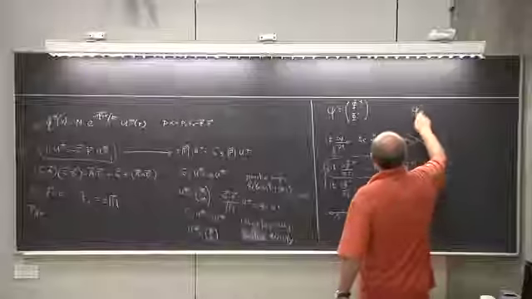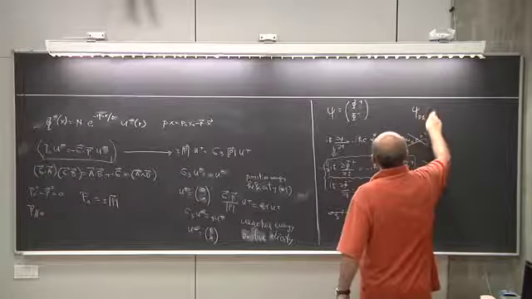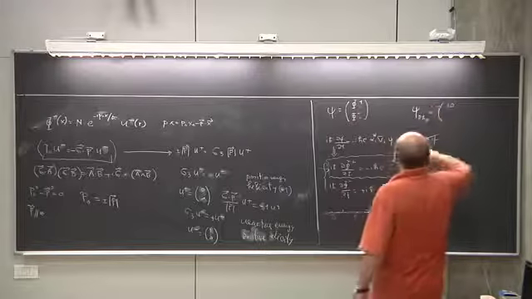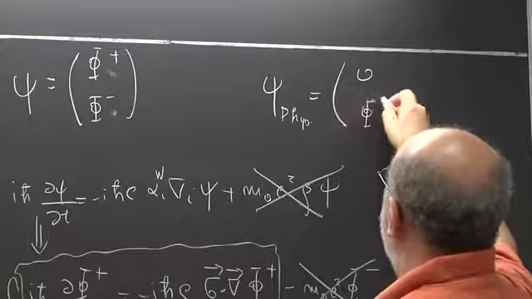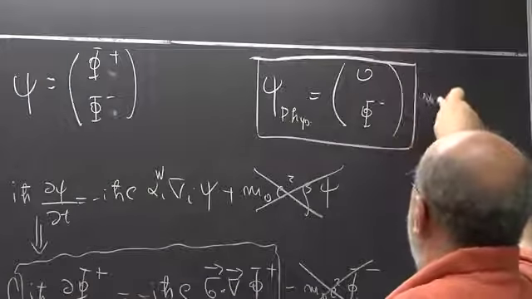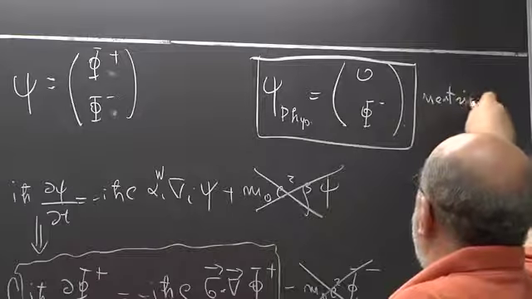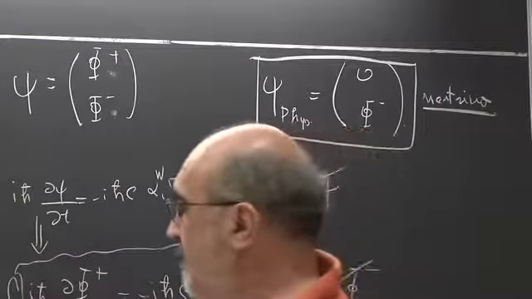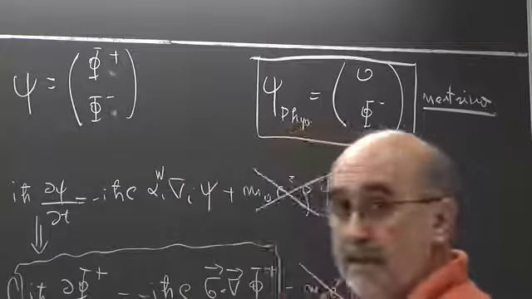So the physical state is described by phi minus. The physical state, like the neutrino, is described by this object. So this is the neutrino: if it were massless, a positive energy solution, but with negative helicity.